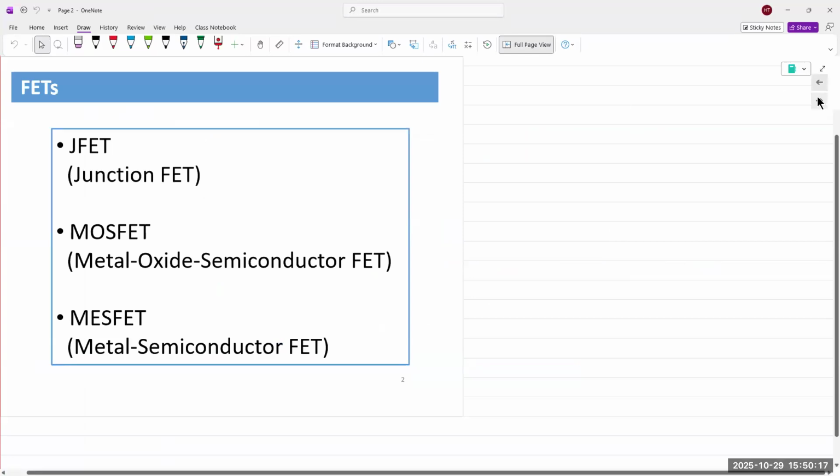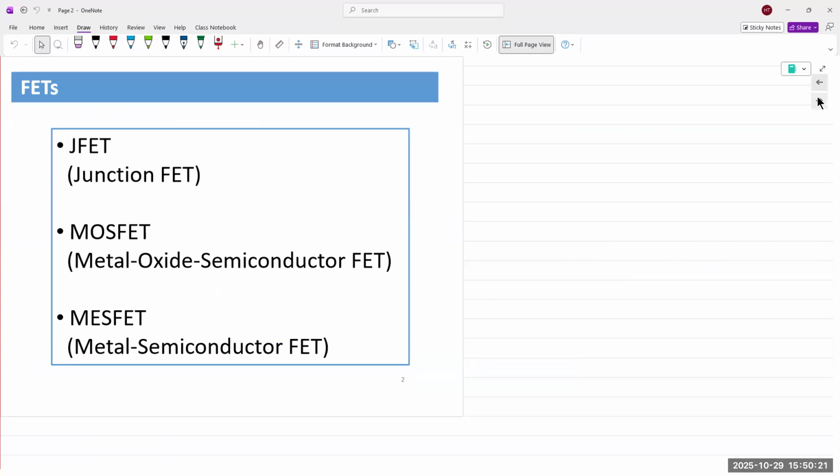But the topic is about field effect transistors, FETs. There are three primary broad categories: junction FETs, known as JFETs, metal oxide semiconductor FETs, MOSFETs, and metal semiconductor FETs called MESFETs.